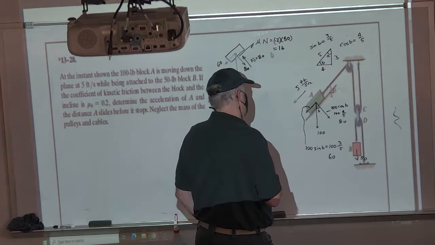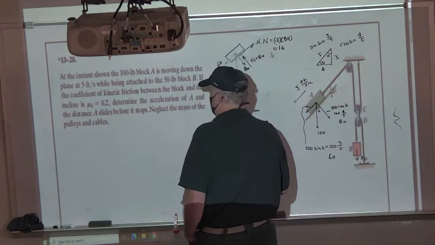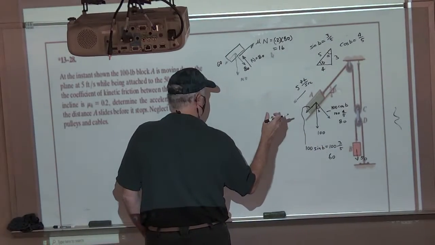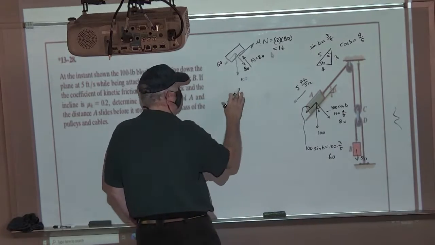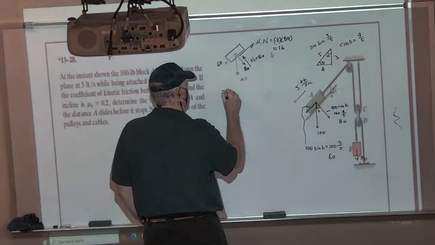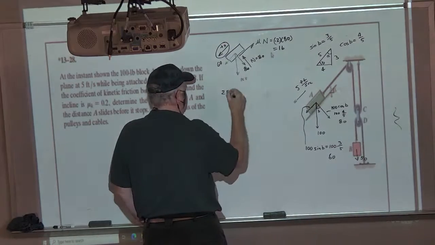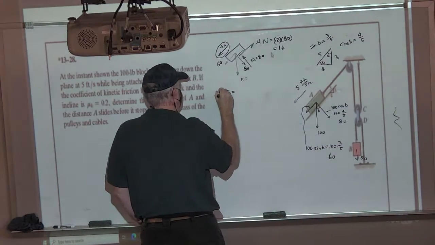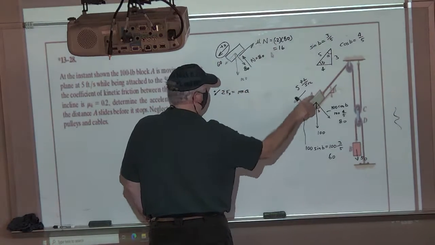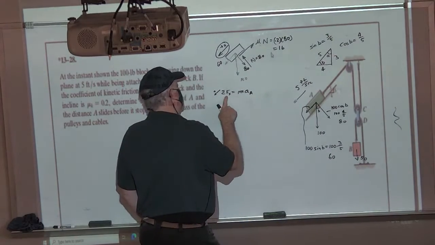Now, I guess I'll do the equations for this, then go over that. Okay, so sum of the forces, we're going to pick this as being the positive direction. We'll just call it X, is equal to mass times acceleration in that positive direction for A. Now, all I got to do, just look at these.